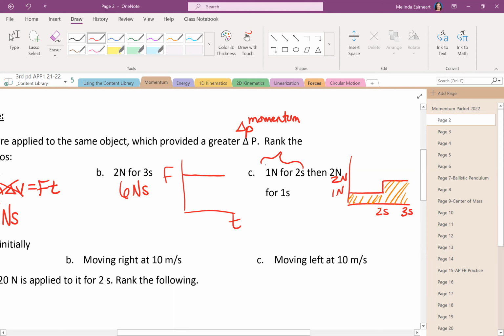Impulse 1, impulse 2, we get 4 Newton seconds, okay? And the numbers were chosen because if you averaged 1 and 2, 1.5 times 3 seconds, you'd get not 4, right? So it'd be a difference. And so B is greater than A, equal to C. Good deal.